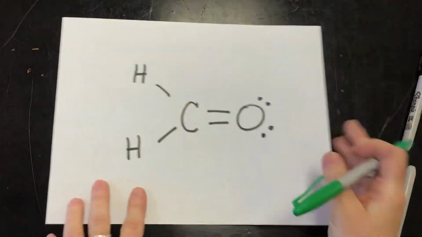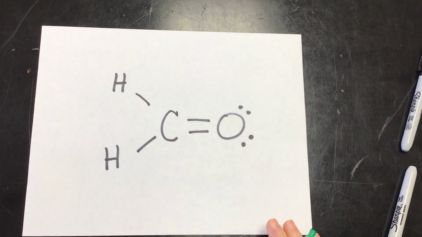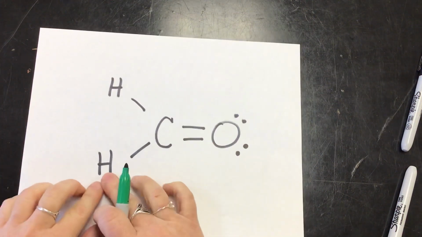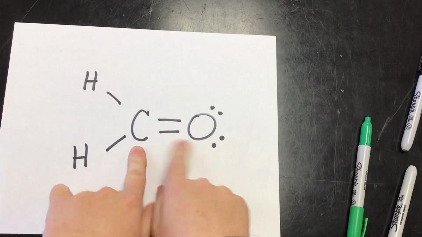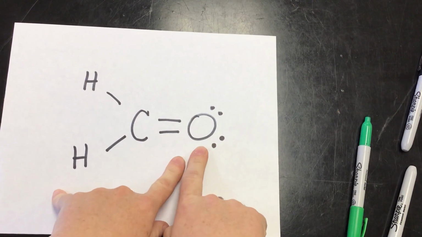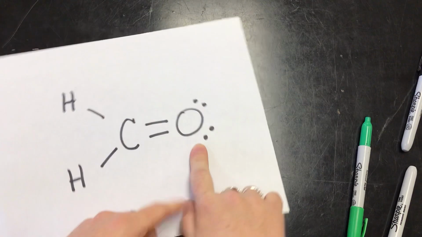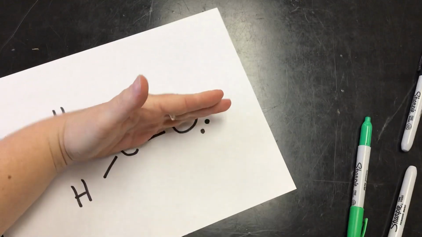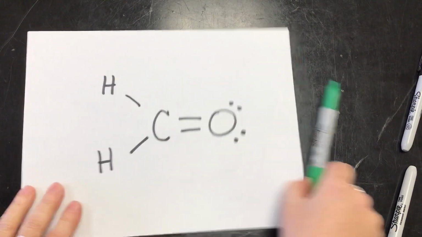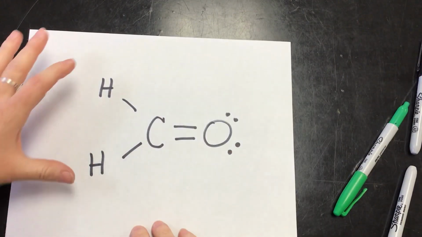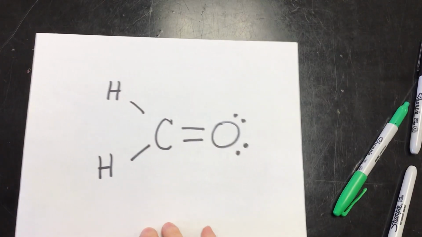The next one we're going to do is CH2O. Here we have another carbon to hydrogen bond. Those are nonpolar bonds, but we do also have this carbon to oxygen bond, which is a polar bond. If we divided the molecule up this way, it does seem symmetrical, but this way it is not. So the oxygen is on one side of the molecule, the hydrogens are on another.